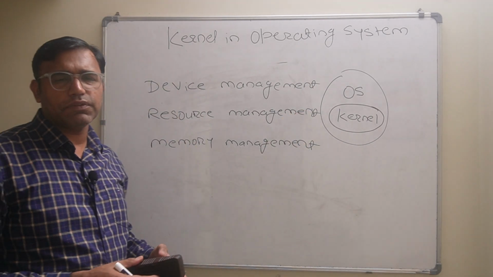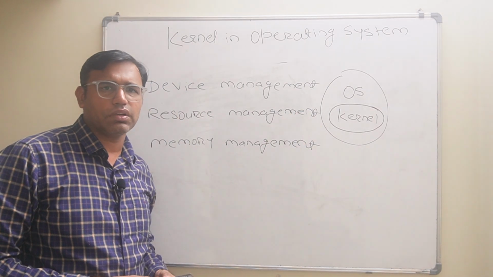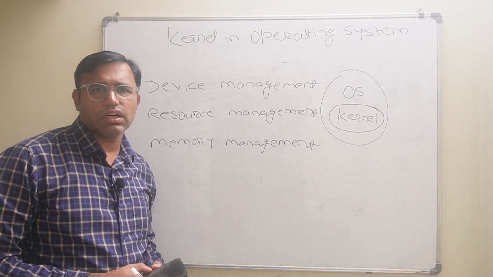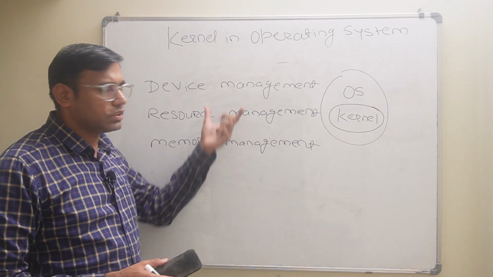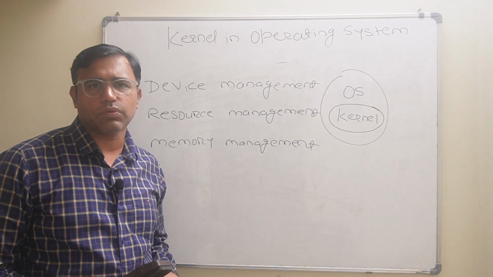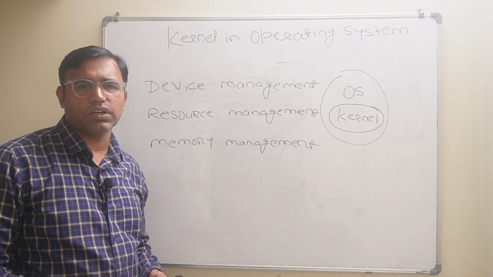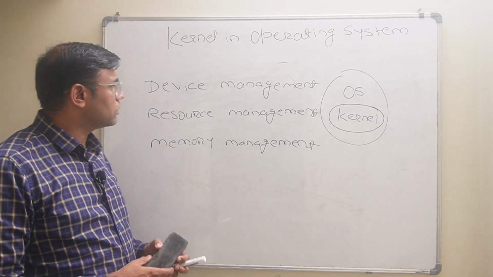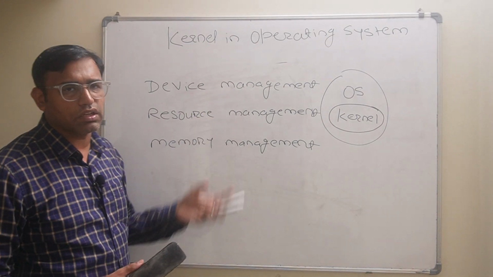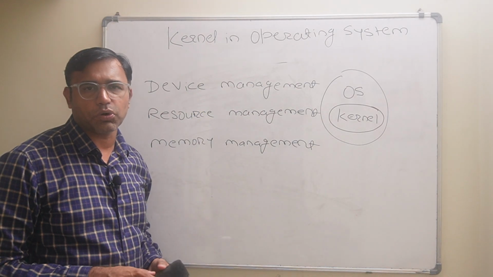Device management means if any user application requires devices, the kernel will be responsible for arranging the devices. Let us say the application requires a keyboard, mouse, USB, or any external hardware device, then it is the job of kernel to call that device, to arrange the device for it.